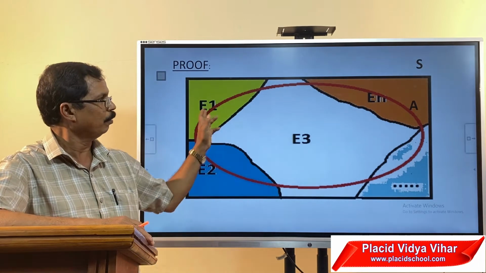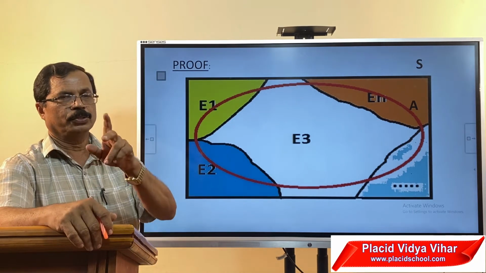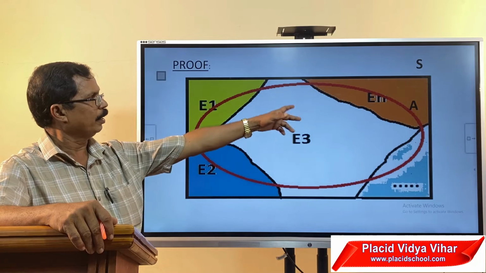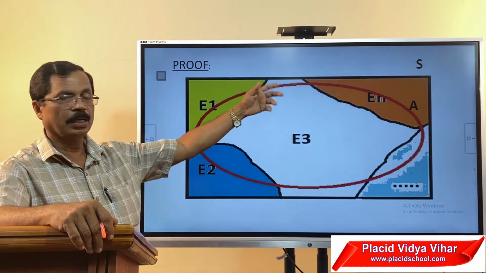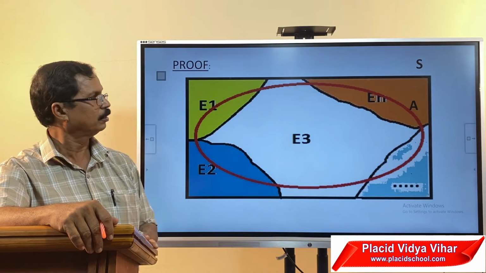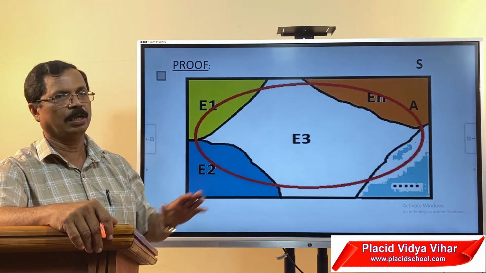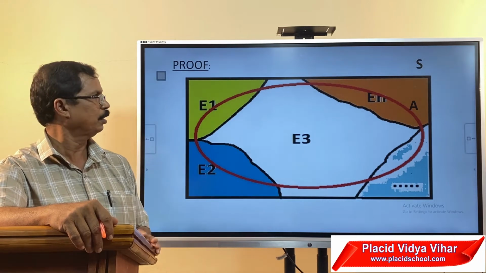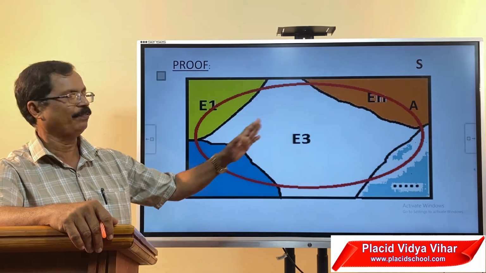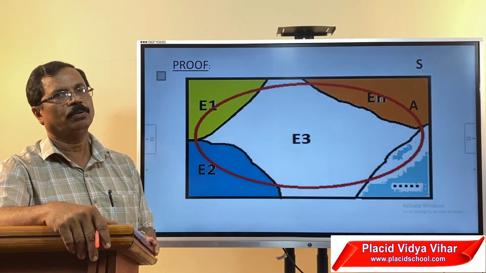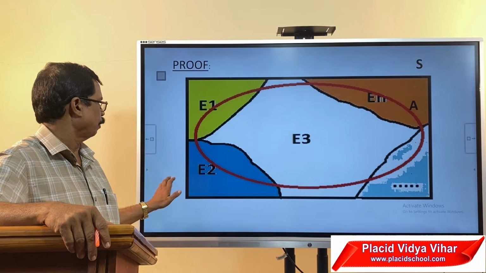And here also you consider another event, that is capital A. You can see an oval shape in red, that is A. Keep this figure in mind. This is our basic figure to prove the total probability theorem.